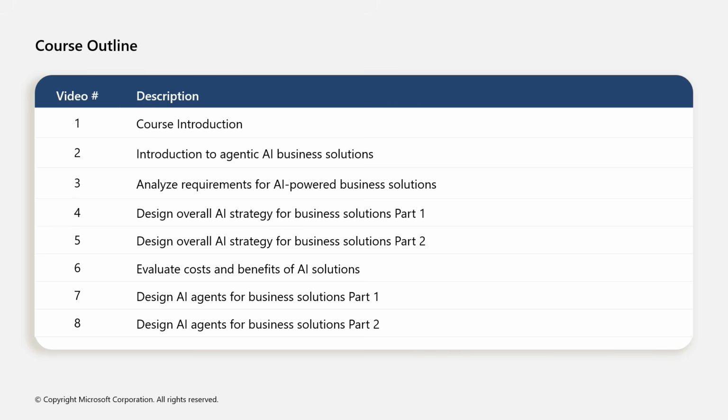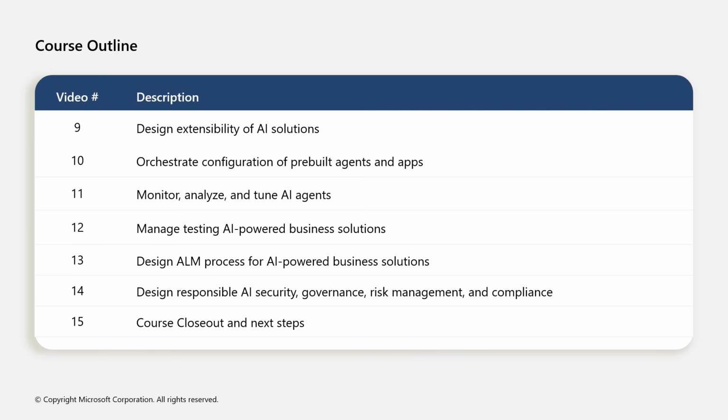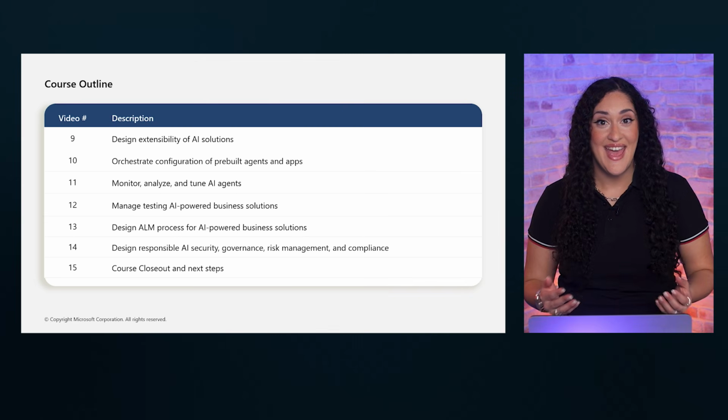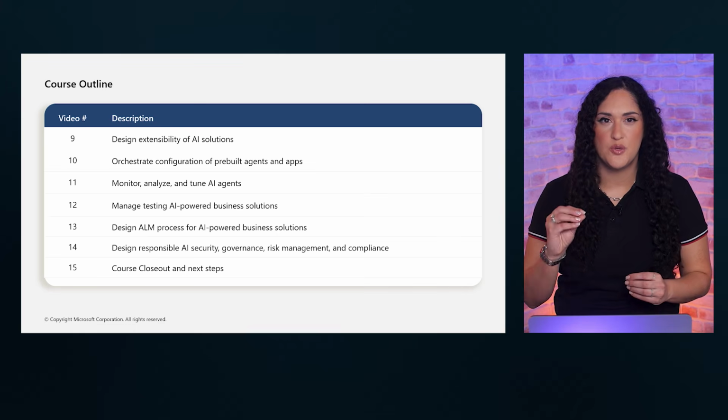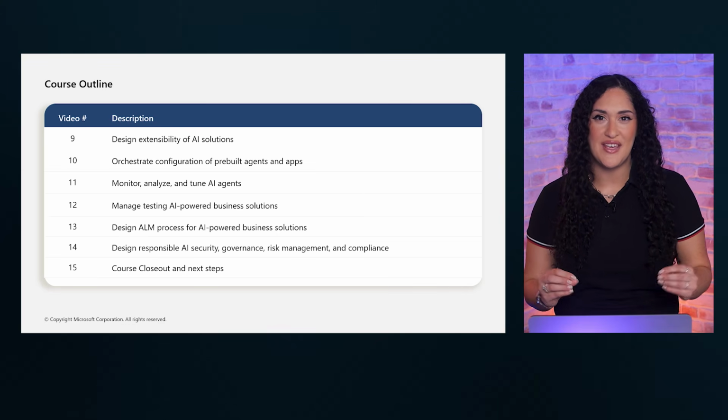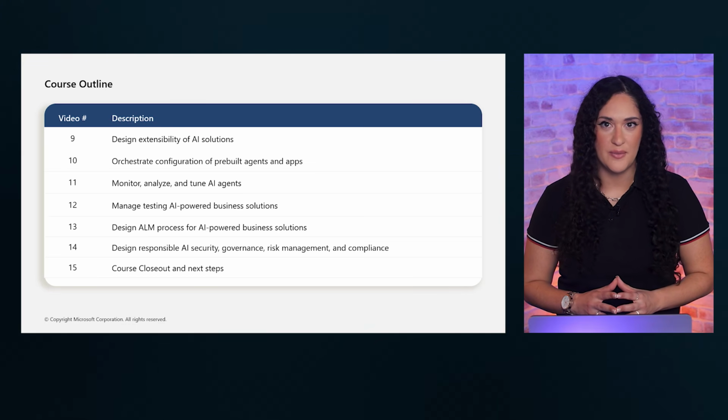Then, we will explore the process of designing AI agents tailored to real business needs using Copilot and Dynamics 365, which is also split into 2 sessions. We will then shift into solution extensibility, covering how to scale and customize AI solutions across platforms. Next, we look at orchestrating pre-built agents and apps, and then move into monitoring, analyzing, and tuning AI agents for peak performance.